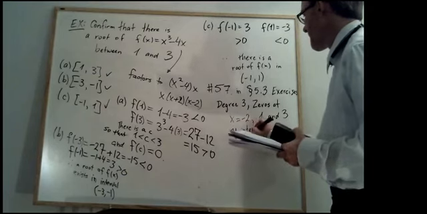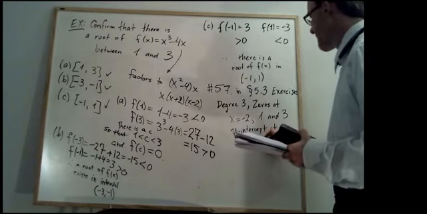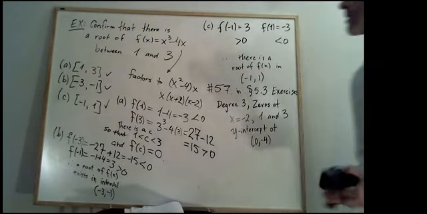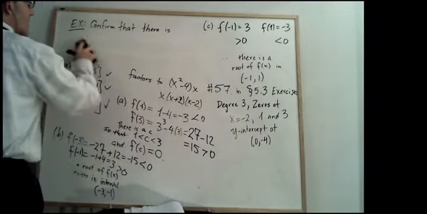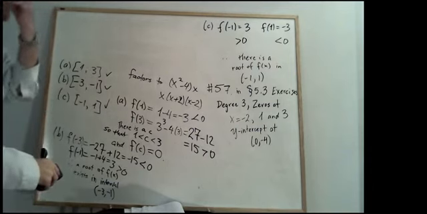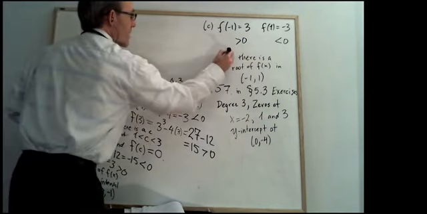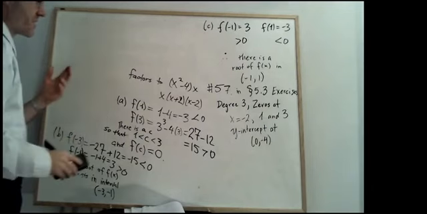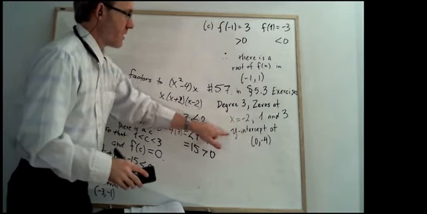Y-intercept is at 0, minus 4. Okay. So this is just describing, first of all, what the degree is, where the roots are, and then where the y-intercept is.